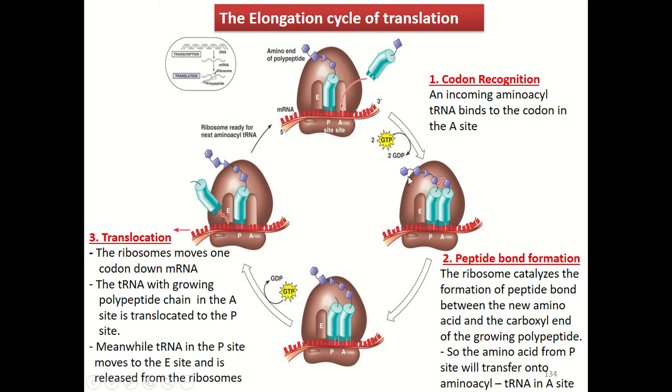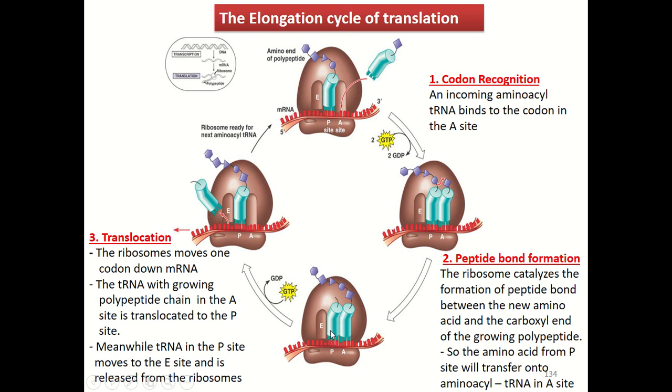We have the first amino acid, second, third, and fourth amino acid, and the fourth amino acid will bind with the fifth amino acid by a peptide bond. So the amino acid from the tRNA at the P site will transfer to the amino acid tRNA at the A site.